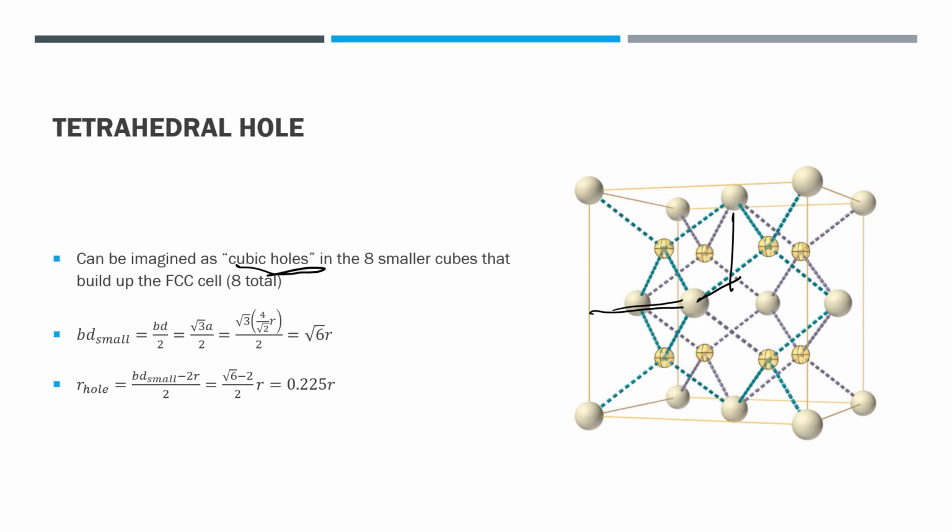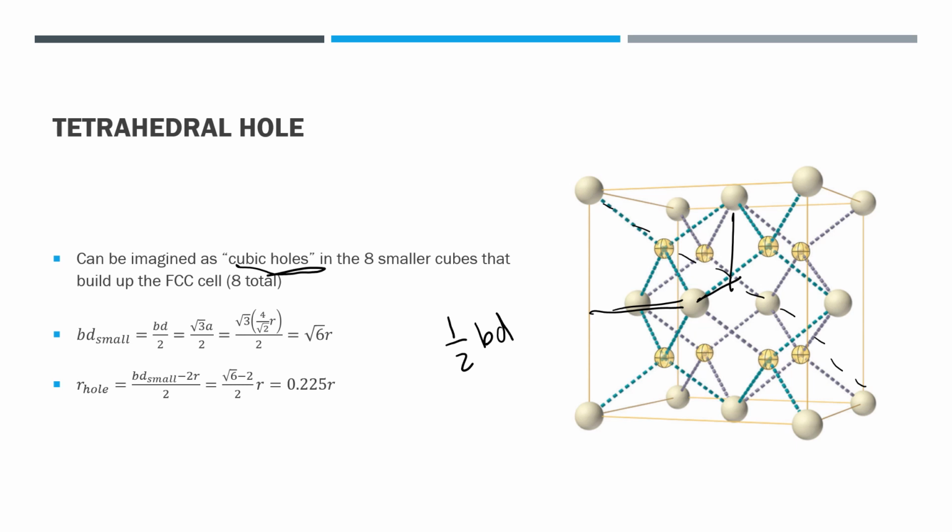The body diagonal for the small cube is exactly half of the body diagonal of the entire cube, because if you draw a line, you can see that the body diagonal of the big cube is double the body diagonal of the small cube.